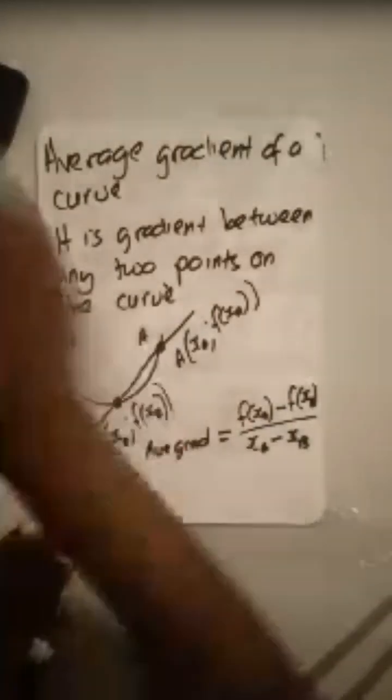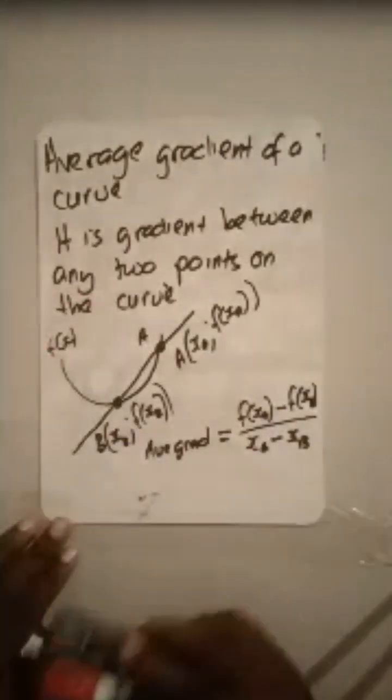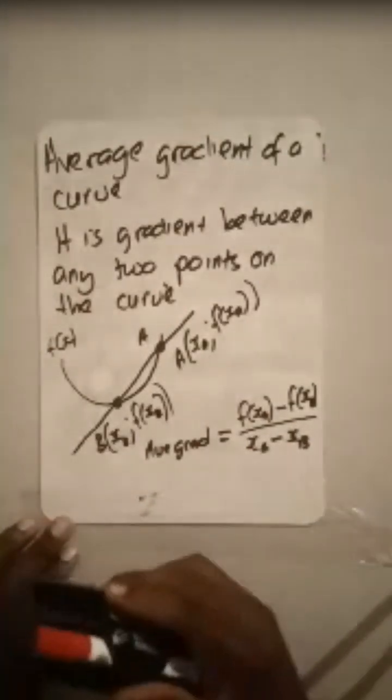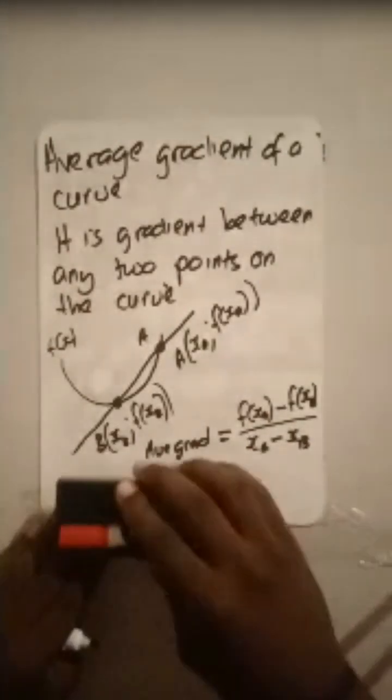Now, how can we get the gradient of a curve at a specific point? Let's go there. The gradient of a curve at a point.